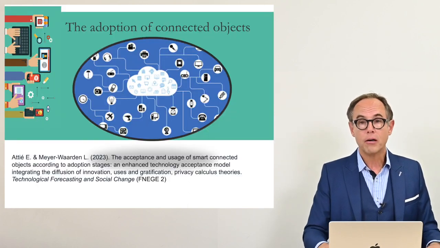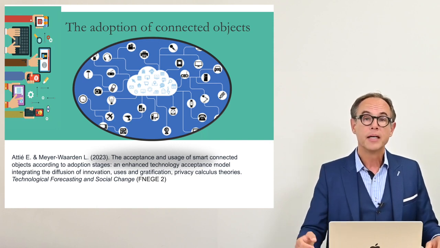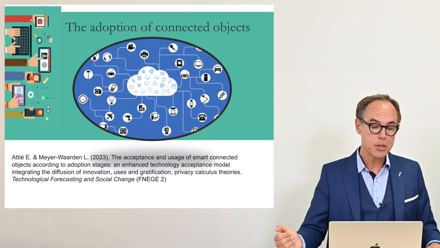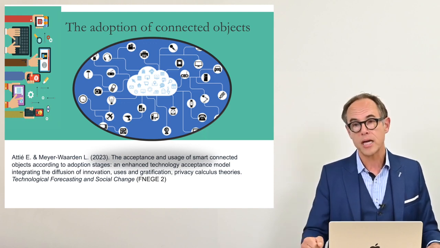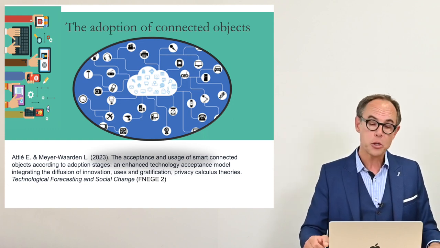This work, this seminar, is based on the different articles I published in different journals. So you have all of them in your hands. The first one is about adoption of connected objects, published in Technological Forecasting and Social Change. It's a B or rank 2 journal according to the FNEGE ranking.